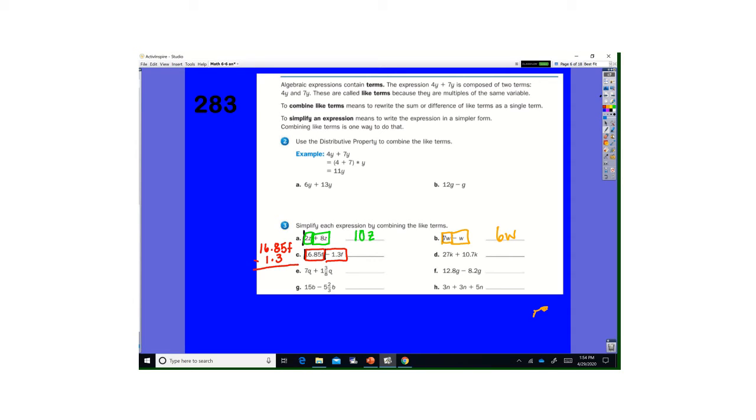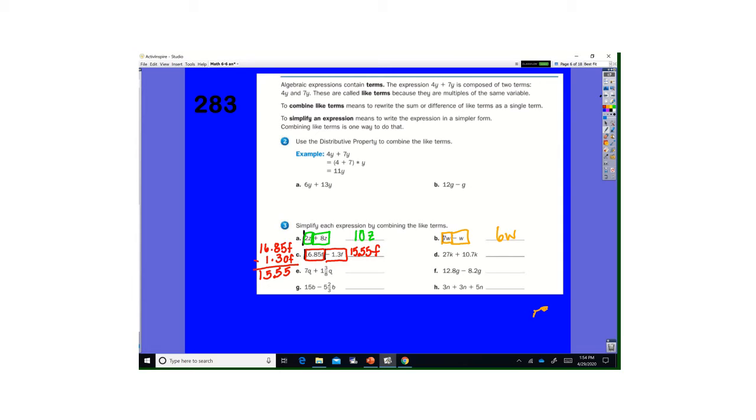Remember we always line up decimals when we're adding and subtracting. We have 5, 5, 5, 1, and I bring that decimal straight down. So we have 15 and 55 hundredths F.